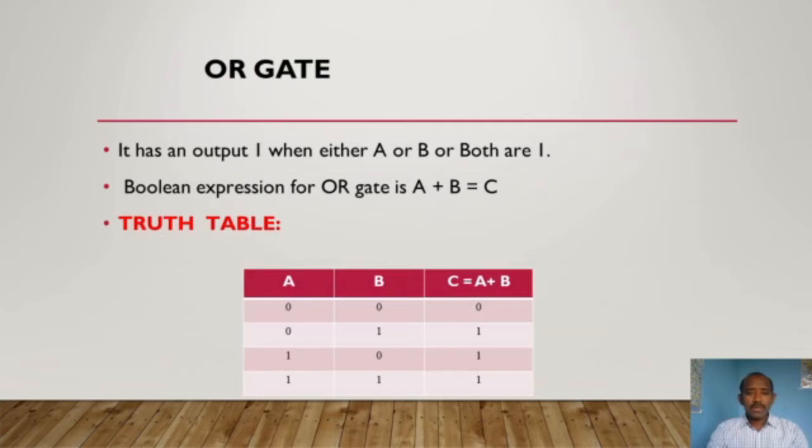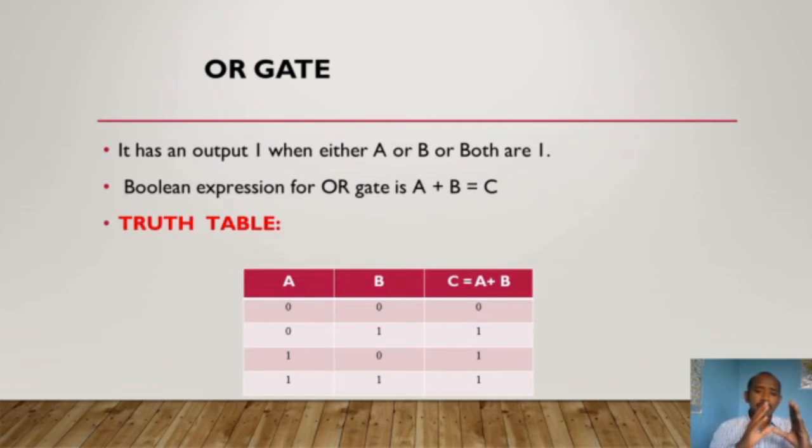Because here 0 and 1 mean on or off, low or high, true or false, so we have to express it like that. It is a logical operation: if you give two inputs high, then the output will be high only.